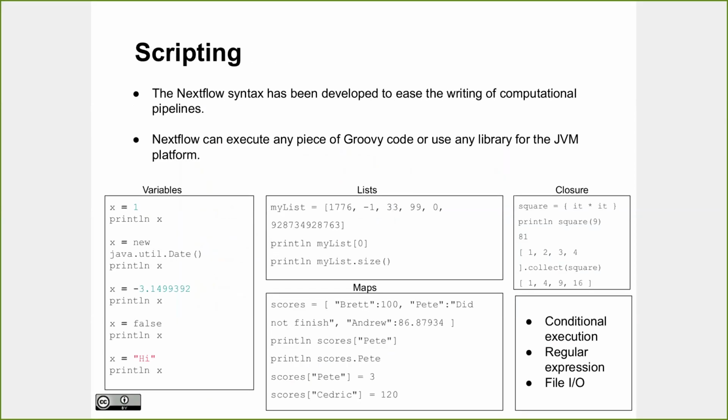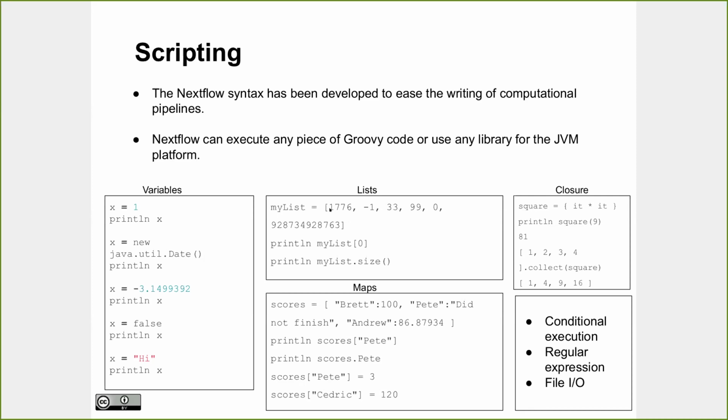The Nextflow syntax has been developed to ease the writing of computational pipelines in a declarative manner. Nextflow can execute any piece of Groovy code or use any library of the Java virtual machine platform. So below here are some examples from Groovy, where you can set variables, set integers, set values from functions, set real values, set Boolean values, set strings.